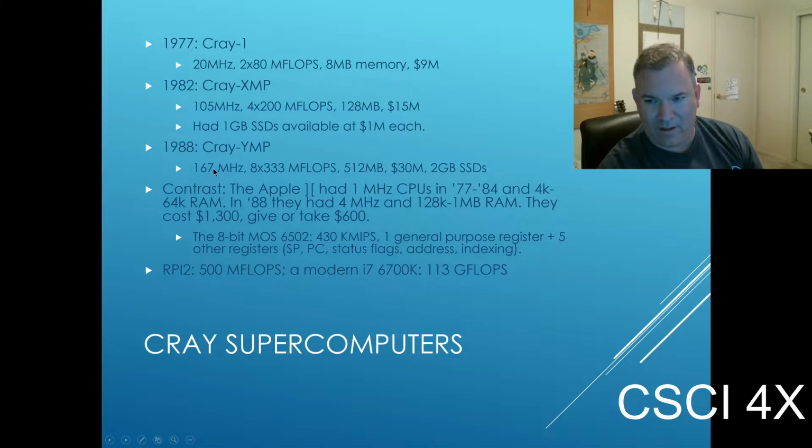In the Wang days, it was like $4,000, $4,500 for a K of RAM. By the late 70s, it was probably down to about $1,000 per K of RAM. It was still pricey. And then by 1988, so 9 years after the introduction of the Apple II, they were up to a whopping 4 megahertz, so they had quadrupled in speed in 8 years or so.